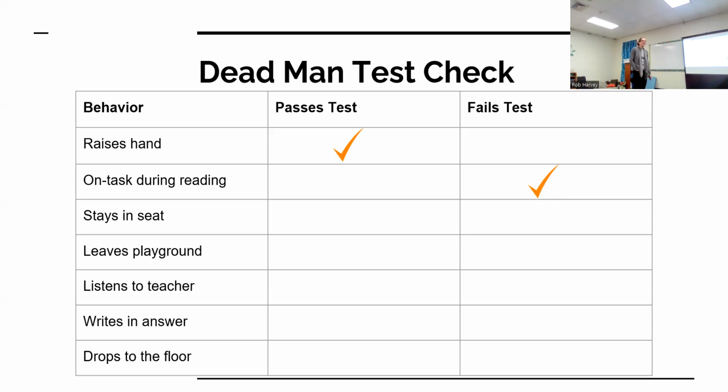Stays in your seat. That's a hard one. Passes. Pass. Fails. So the point here is stays in your seat. That is observable, but if you think of it in terms of the dead man test, that's like laying on the floor.